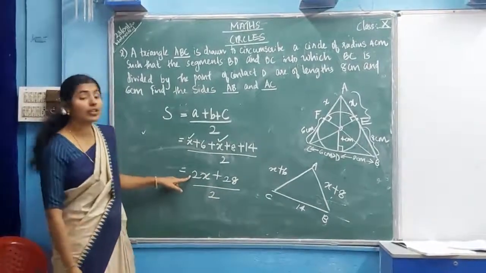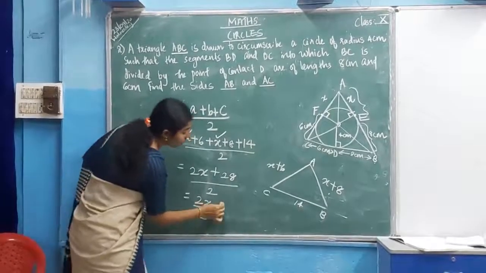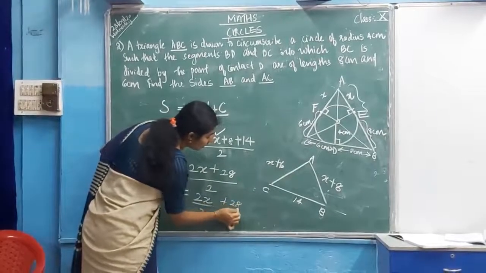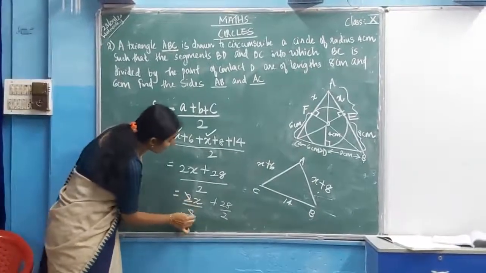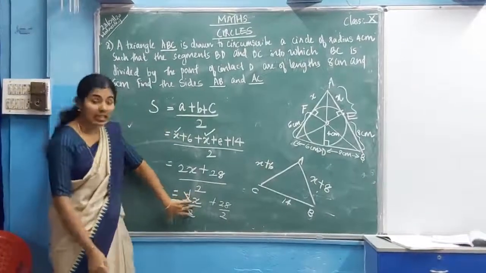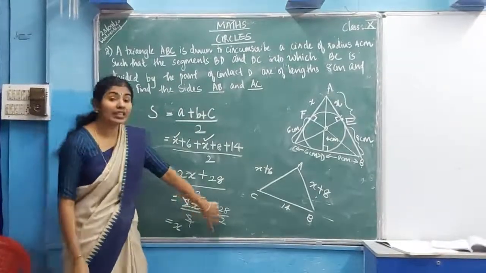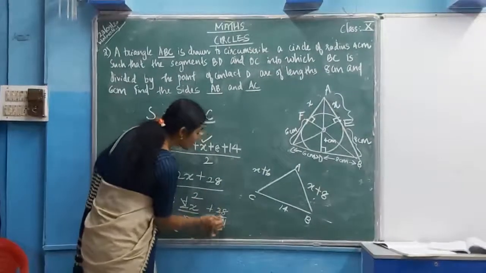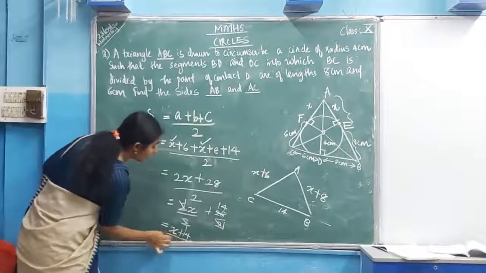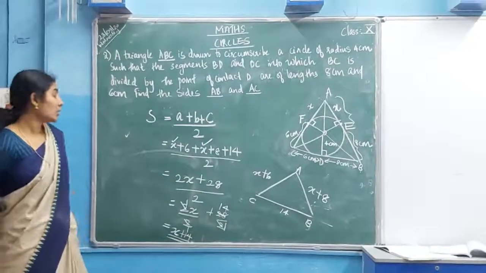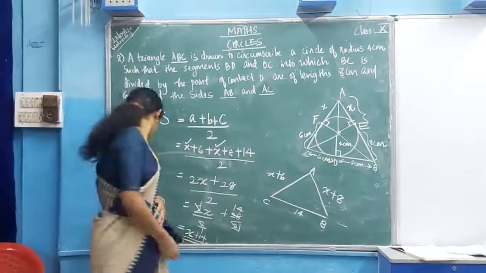When you divide each term in this numerator by 2, what will you get? 2x you should divide by 2, 28 you should divide by 2. 2 and 2 when cancelling, only x is remaining. Now 28 and 2 when cancelling, what will you get? 2 ones are 2, 2 14s are 28. So you will get the semi-perimeter x plus 14. So the semi-perimeter of this triangle is x plus 14.